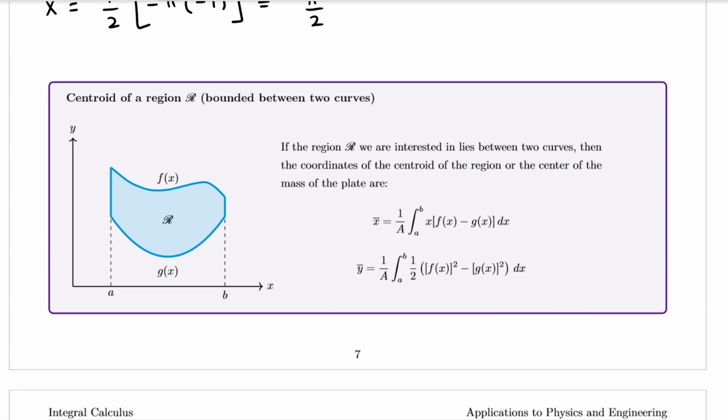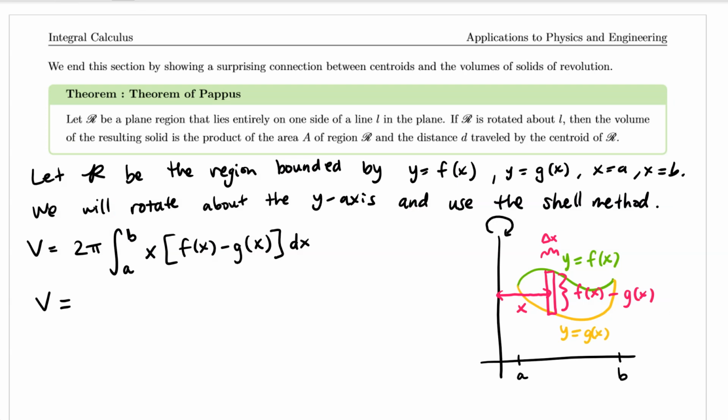The difference is that if I take this equation and I multiply both sides by A, then these will cancel out. And so the definite integral that we were previously looking at is equal to A times x bar. So we have that the volume is equal to 2 pi times x bar times A. And if I reorder this, this is the same thing as A times the quantity 2 pi x bar.